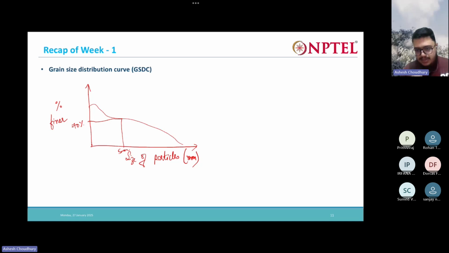Yes, sieve analysis. Correct. So we need to do the sieve analysis to determine the grain size distribution.